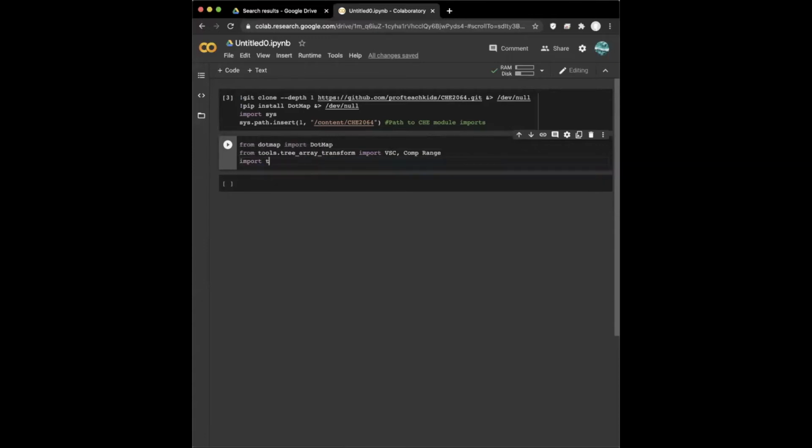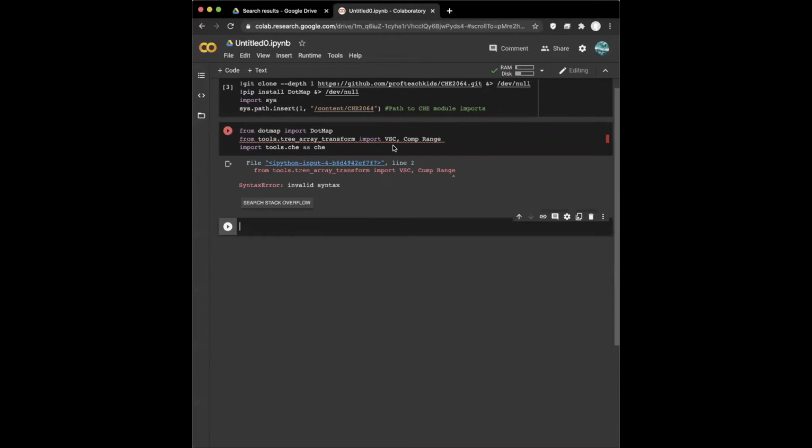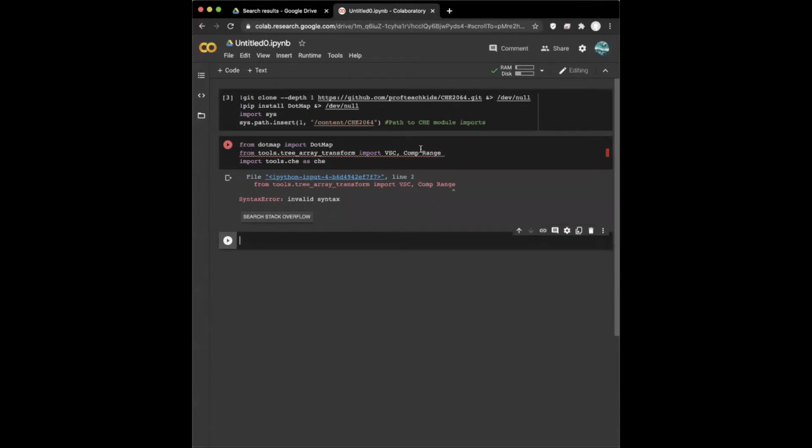And then we're also going to import tools.che as che. And we're going to do Shift Enter. Invalid. Oh, I need a comma there. Let's see, Shift Enter, and that's good.